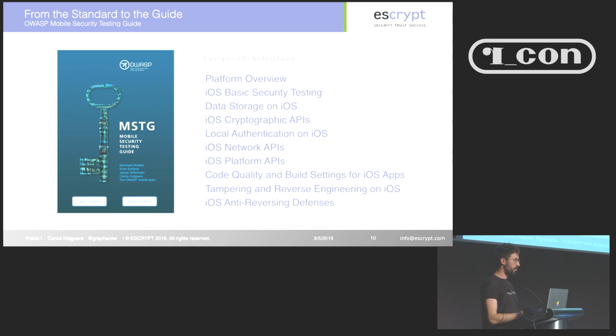You will learn first, for example, in the platform overview, what is iOS, what it is about, what security is included, some APIs. Then basic security testing, these things. Okay, you can unpack an IPA file, that's the file format for iOS apps. And then you will learn about security regarding data storage, network, cryptography, etc. And of course, tampering and reverse engineering.